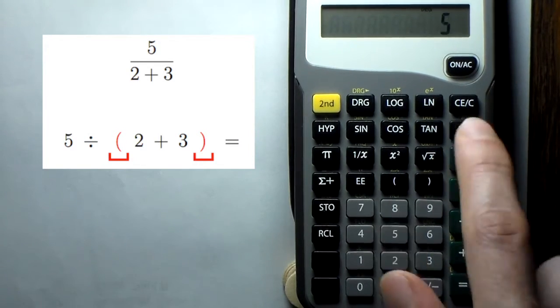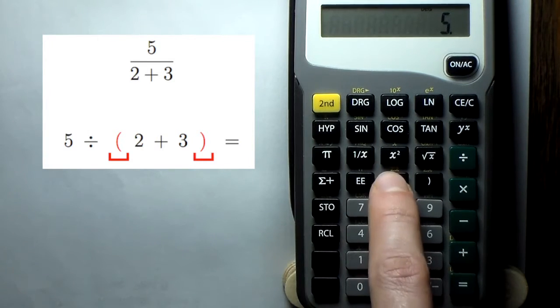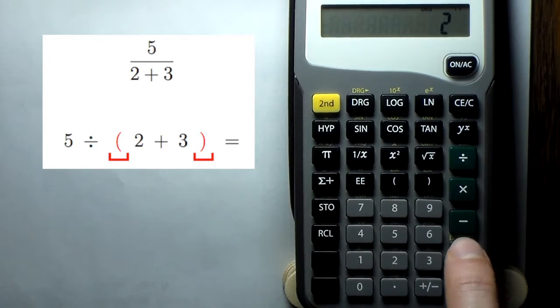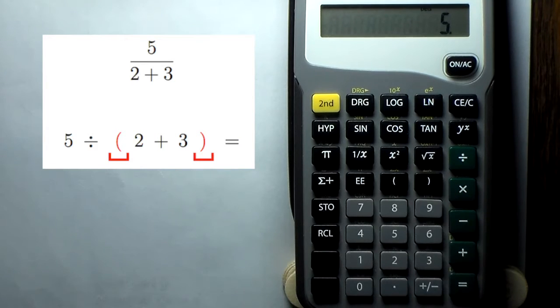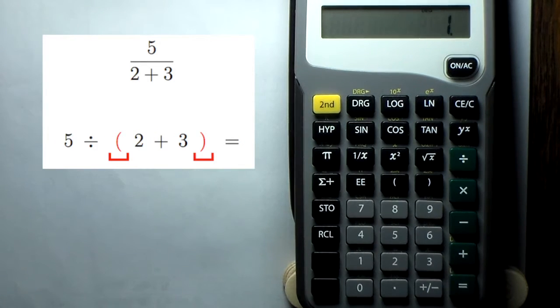So here, there'll be 5 divided by, then using the parenthesis, 2 plus 3. You close the parenthesis, that's going to tell you a 5, because 2 plus 3 is 5. And then you hit the equal sign, so that's going to be 5 divided by 5, which of course is going to be equal to 1.